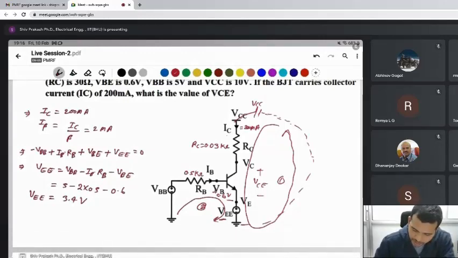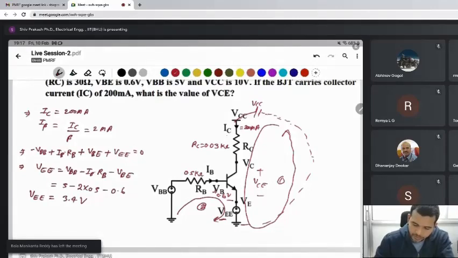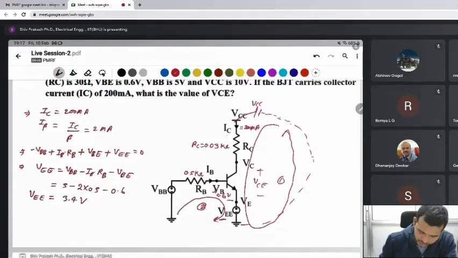Once you find VE, apply KVL here in loop first. Then you find VCC. I write here: minus VCC plus IC into RC plus VCE plus VE is equal to 0.